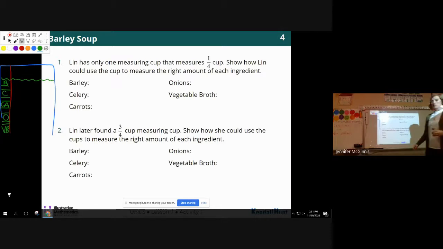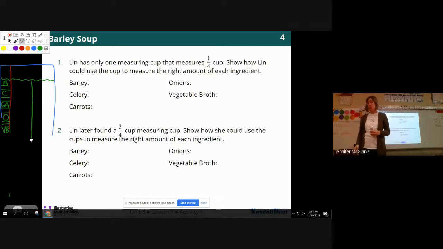Okay. Oh, it's fine. It's fine. One's for celery and one for carrots. It's fine. Now, I want you to take and draw one line down the middle of your paper. Make sure it's pretty much in the middle because you are going to need a lot of space for each one of these.